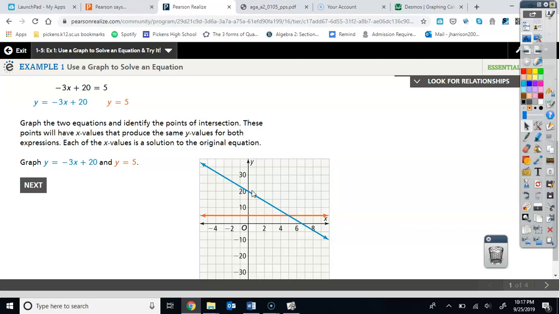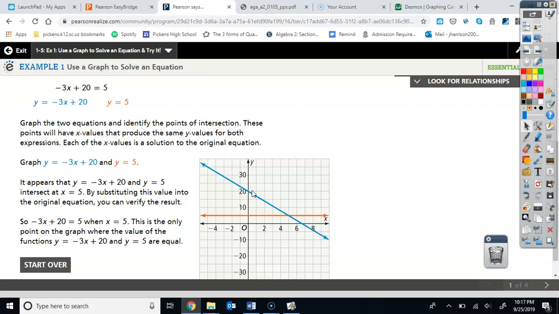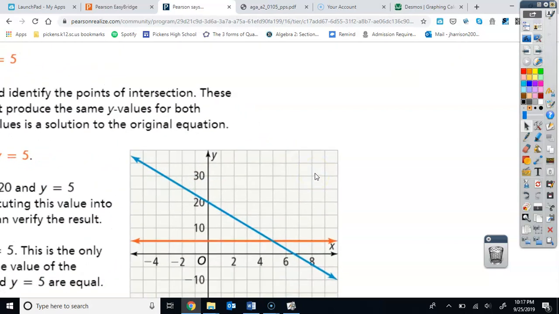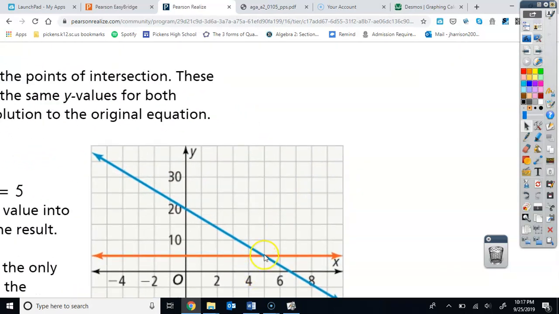Do you notice that both of these graphs touch each other right here? In other words, they intersect. So they intersect at a point that looks to be 5. If you zoom in on this, you should be able to see that 5 definitely is the point right here where they intersect each other.